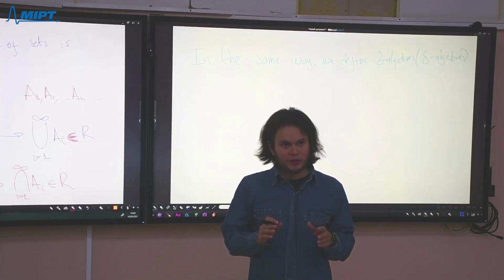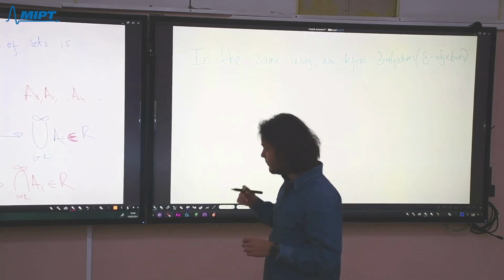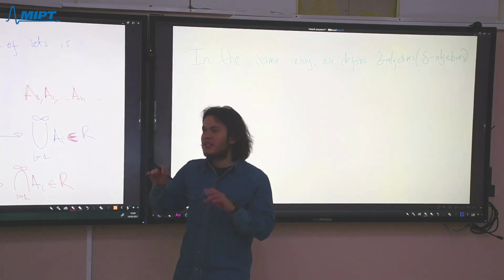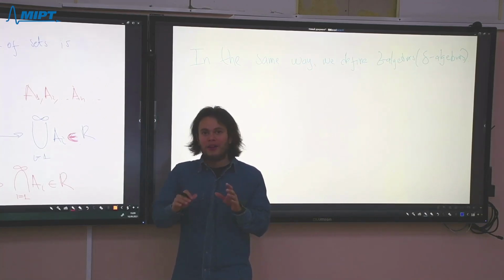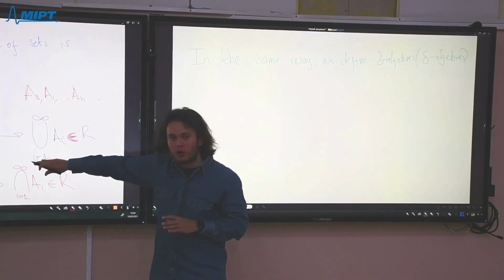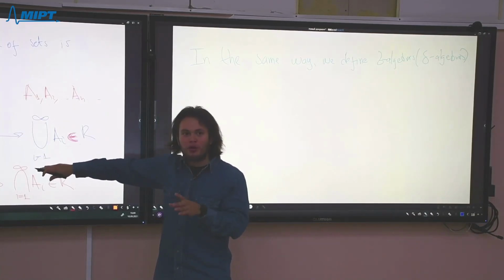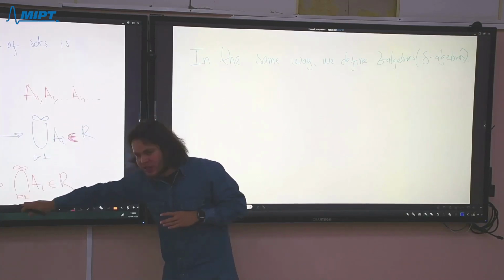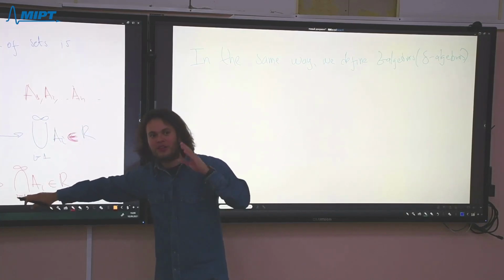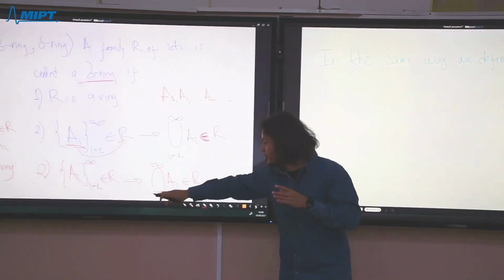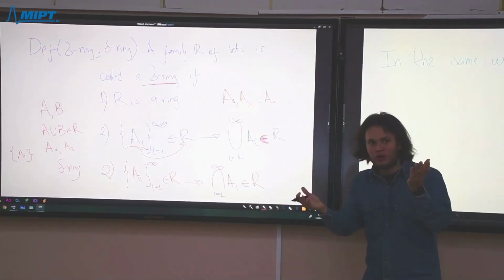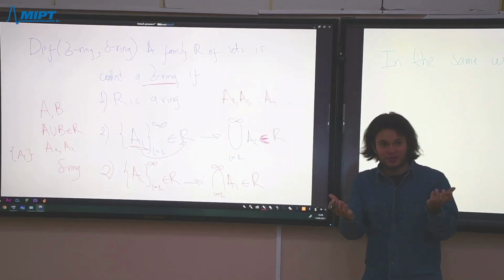What's the difference between them? A sigma algebra is closed under countable union of elements, and the delta algebra is closed under countable intersection of elements. So sigma means union, delta means intersection.